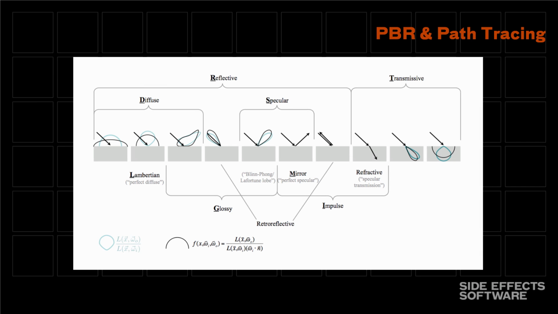On the left-hand side, we have BSDFs categorized as Lambertian, which means they're perfect diffuse reflectors, meaning that all of the incoming energy is reflected across the hemisphere, as we're dealing in this case with surface interaction. We'll talk a little bit about how that extends to volumes, but at this stage, it's dealing over 2 pi, the half hemisphere.